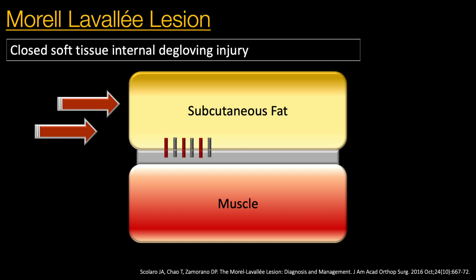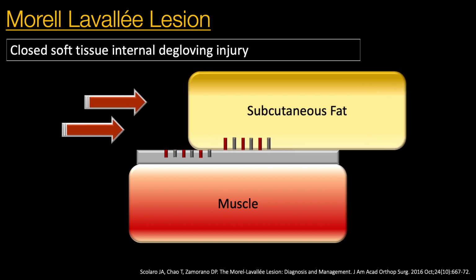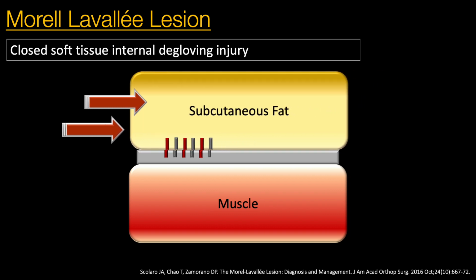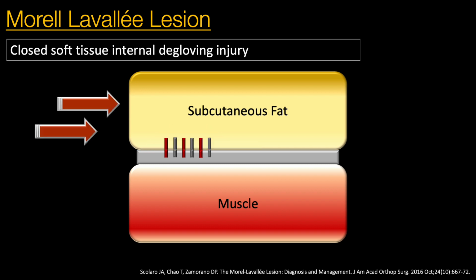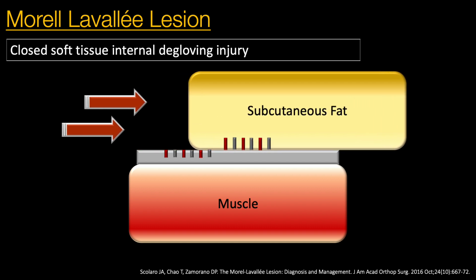So whenever there's an external shearing force which is applied, the subcutaneous fat moves ahead and there's disruption of the capillaries and the lymphatics, resulting in formation of a venolymphatic or a hemorrhagic and lymphatic collection which forms between the subcutaneous fat and the deep fascia.